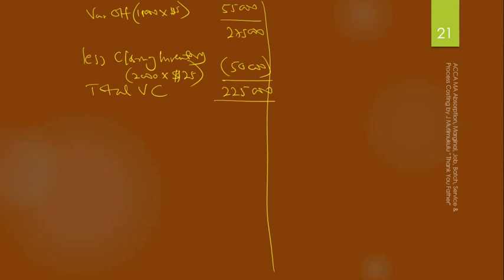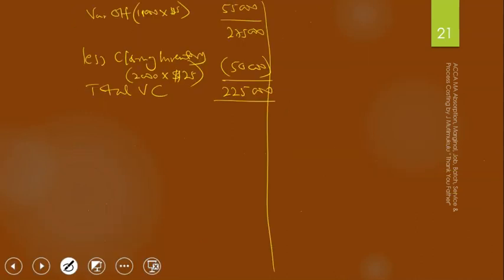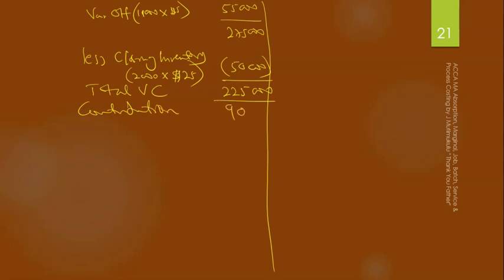All right, we have to deduct these from the sales. The total sales was 315. So 315 minus total variable cost of 225, we get a contribution of 90,000. Okay, so we say less variable selling costs.